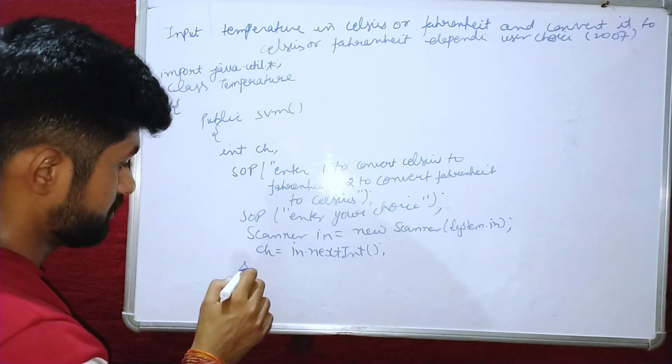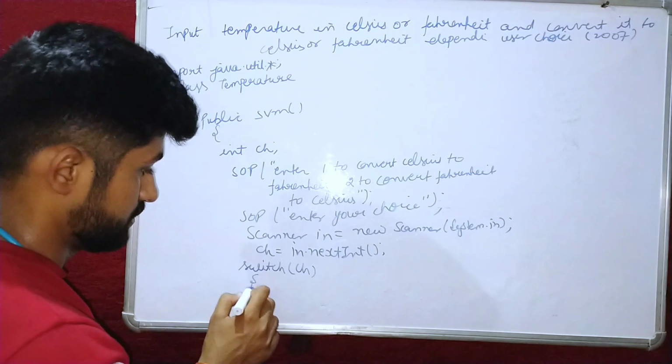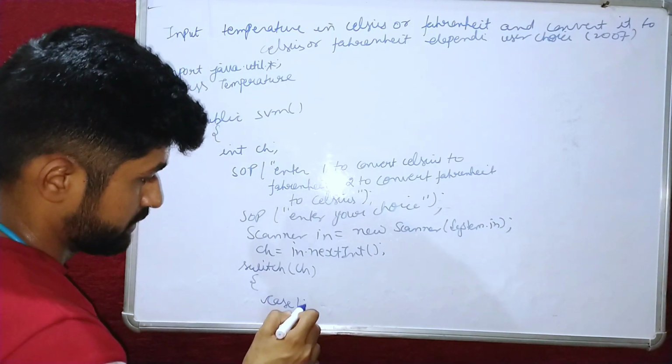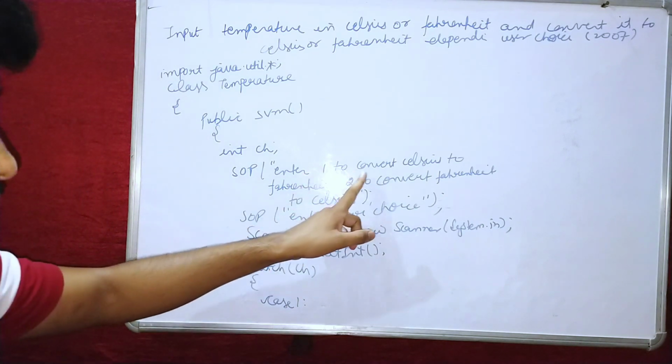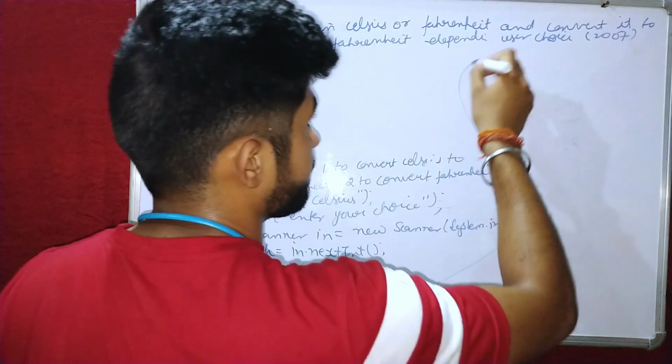I am passing the ch variable inside the switch case. Switch ch. This is the opening of the switch case. Case 1. Case 1 means convert Celsius to Fahrenheit. That means write a message here.